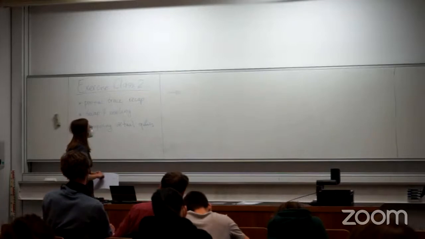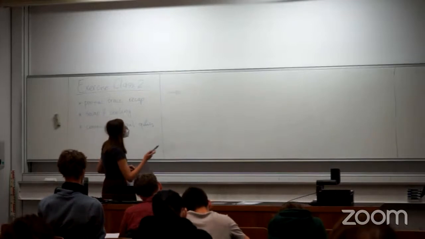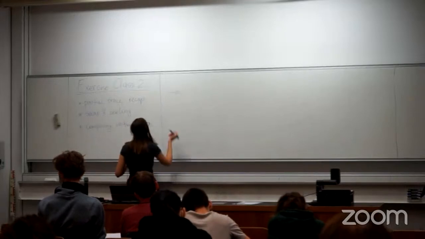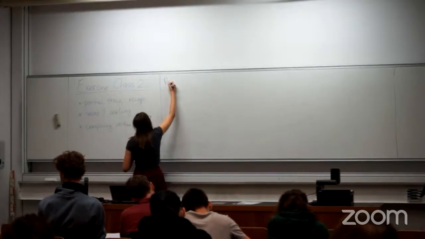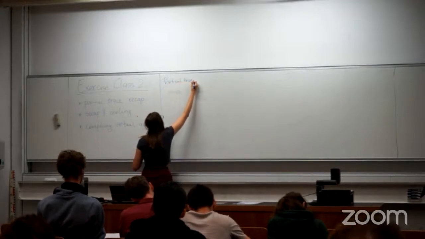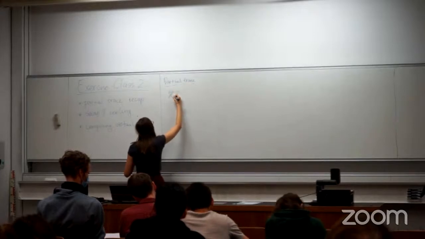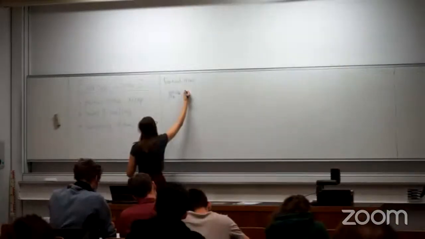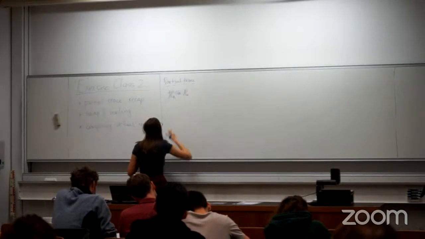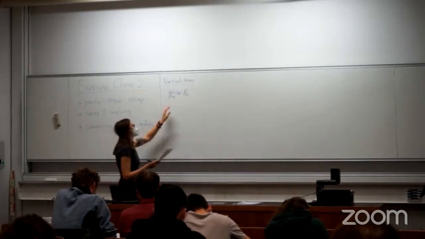Okay, so let us start with the partial trace. Suppose that we have two systems, A and B. The states which describe the joint state on these two systems live in the joint Hilbert space.